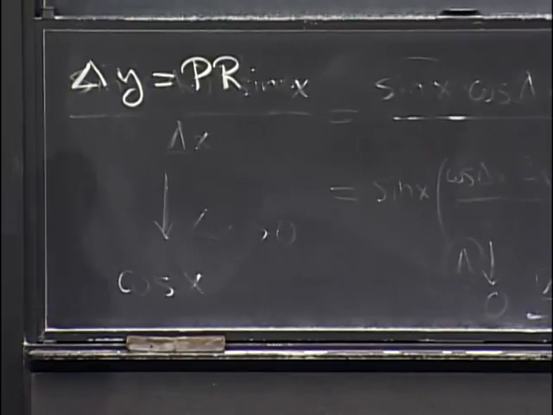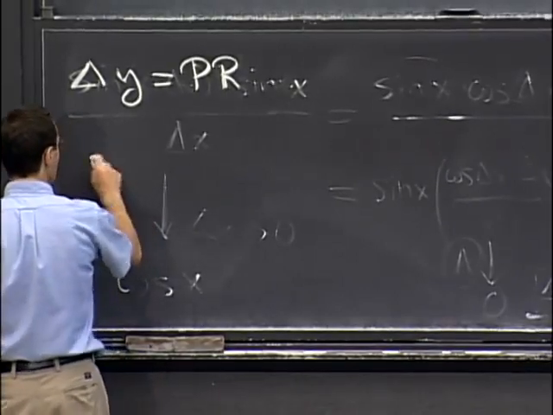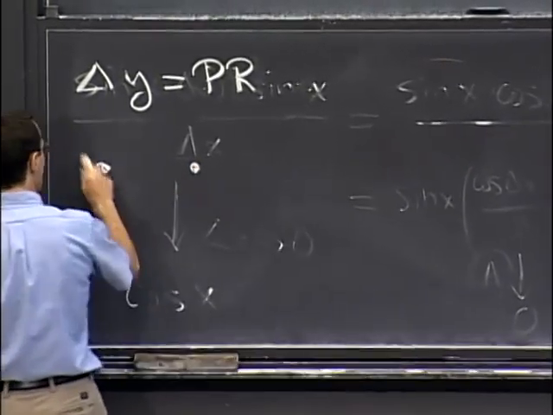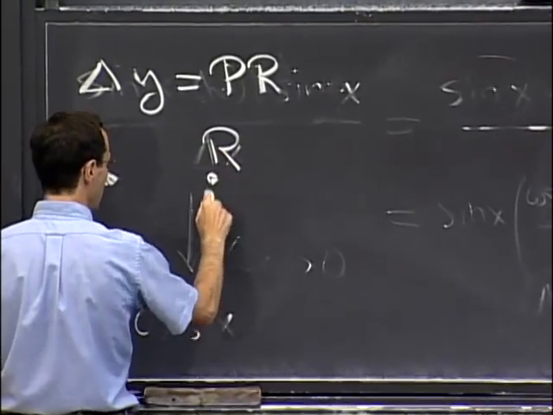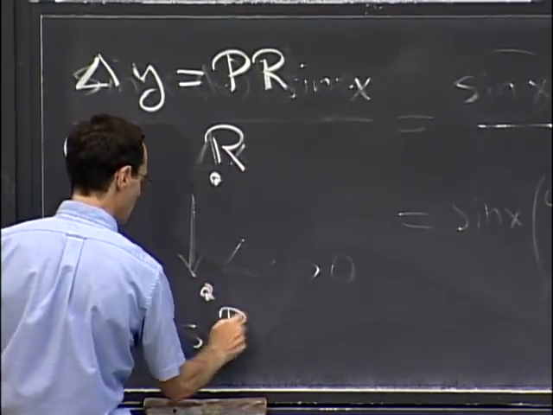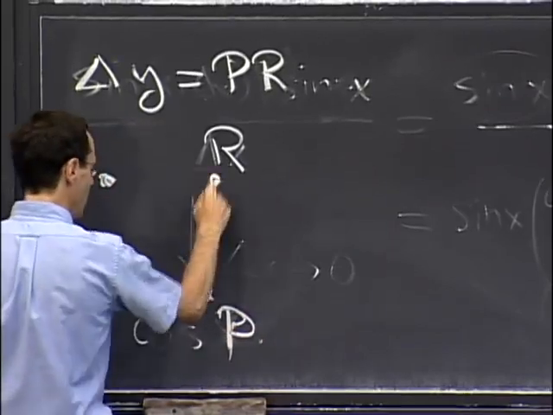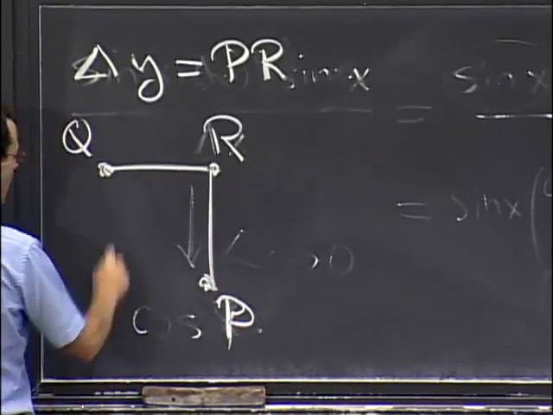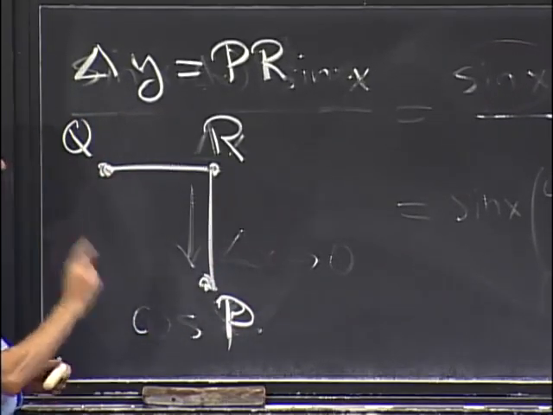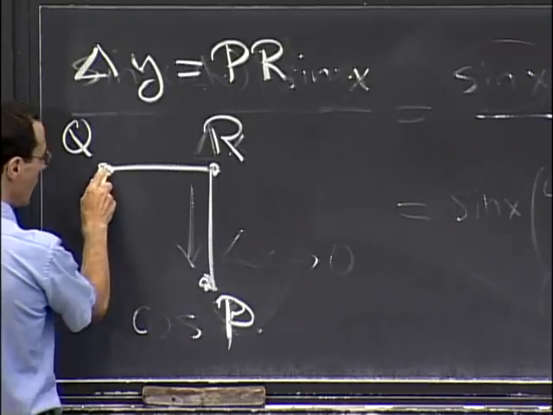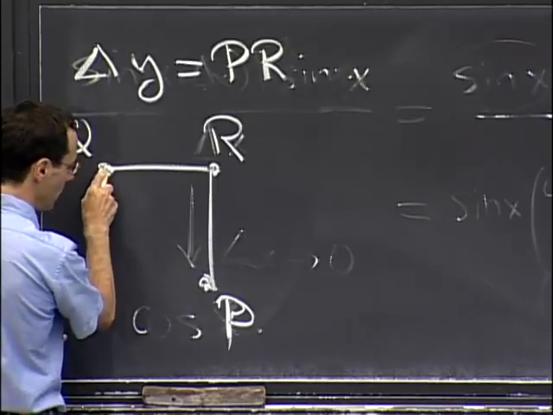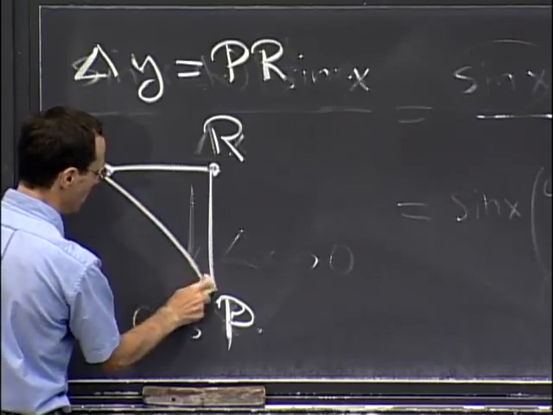Now I want to draw the diagram again one time. Here's Q, here's R, and here's P. And here's my triangle. Now what I'd like to do is draw this curve here, which is the piece of the arc of the circle.